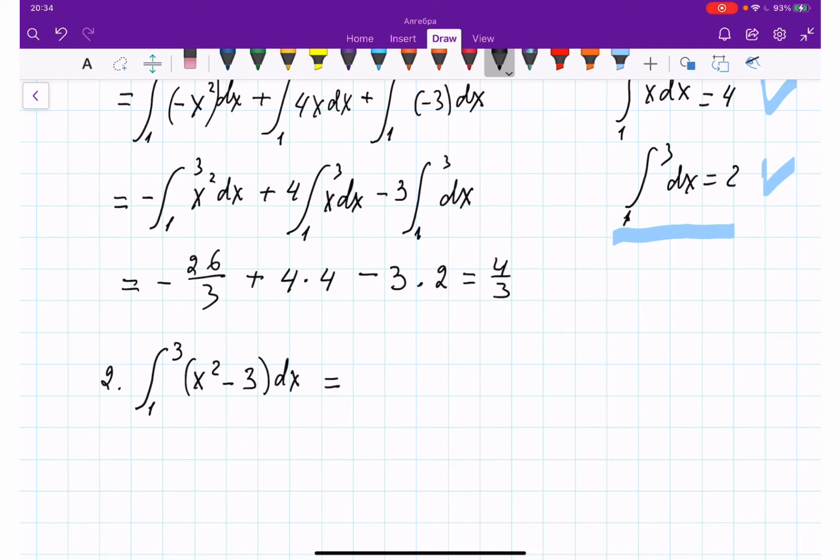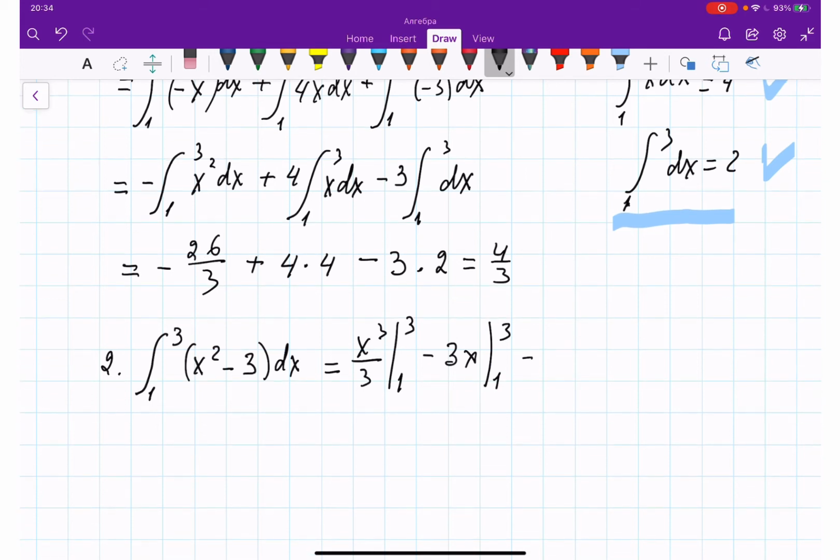So if we use the property of definite integral, we are going to get x cubed over 3 with limits from 1 to 3, and then minus 3x, with limits from 1 to 3.